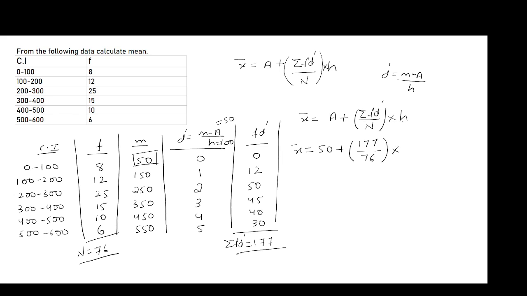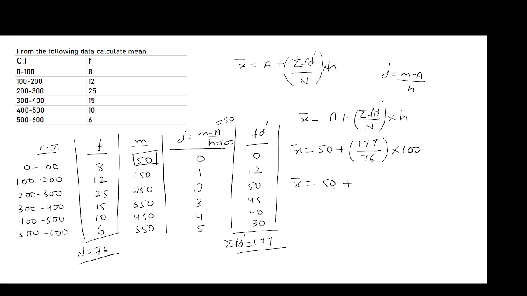H is the width of the class interval, which we have taken as 100. Now write this 50 as it is. Many people commit the mistake of adding 50 with 177 and dividing by 76. Please don't make that mistake. Keep this 50 as it is, solve the bracket, then multiply by 100, then add with this.